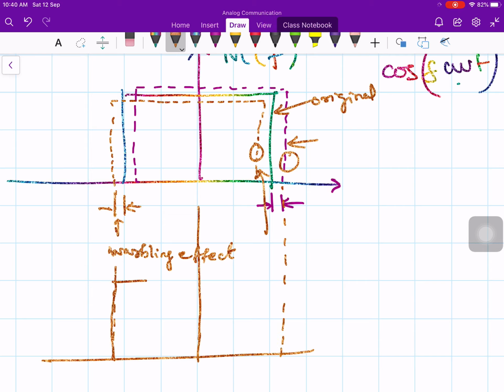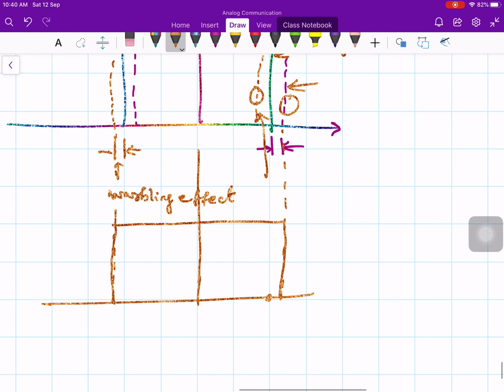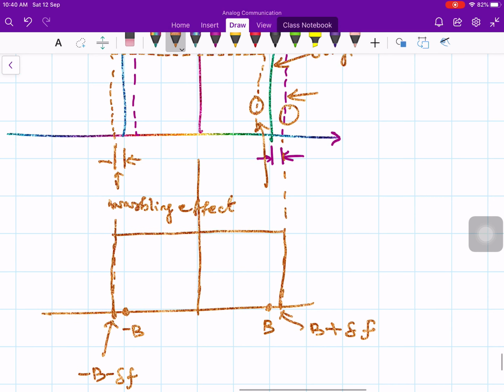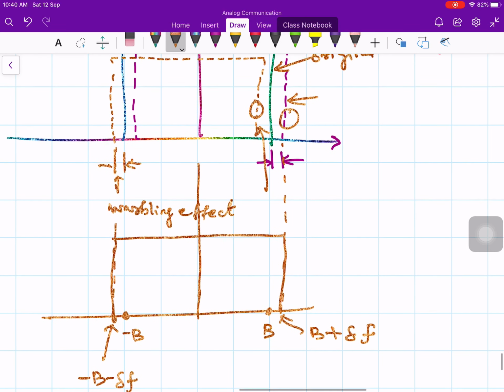Slightly, your spectrum will be increased like this. So this point is B and this point is minus B, but what about this point? B plus that delta f, and this point is minus B minus delta f. So slightly your bandwidth will be increased. So the sum of these two dotted spectrums you will get at the output.